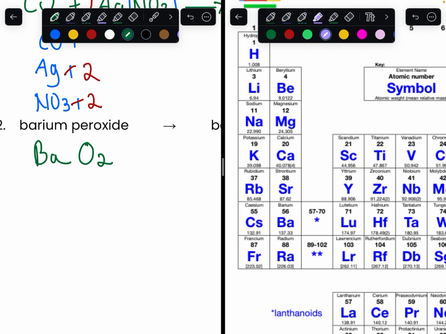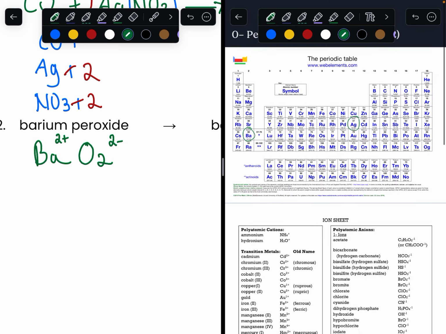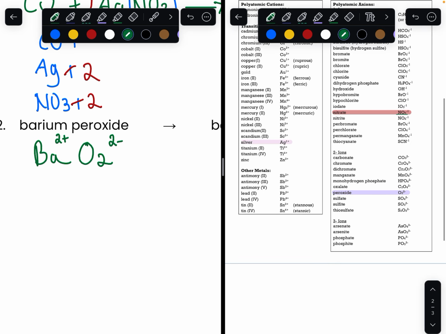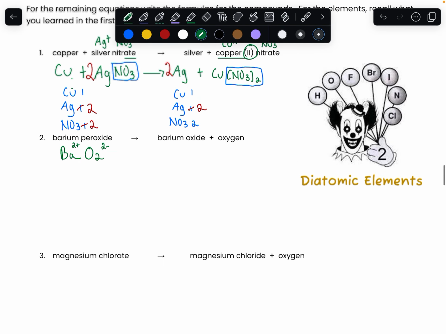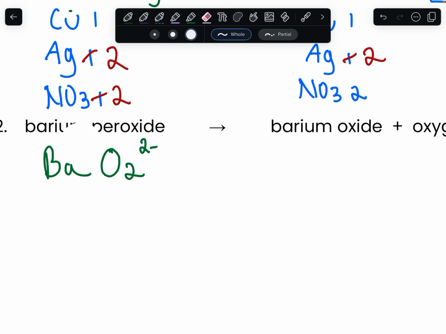Now barium is from the alkaline earth metal family. So what that tells me about barium is that it has a 2+ charge, and the peroxide, as we know, had that 2- charge. So as we write this out, we are already balanced. So we just have to add the Ba and the O together.